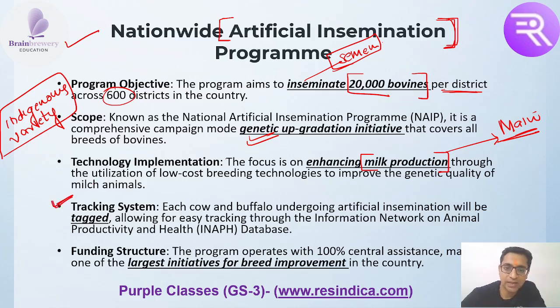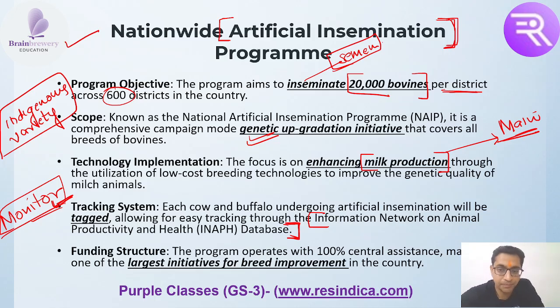And a tracking system is also being provided. Those cattle who are artificially inseminated are given an ID number, which is stored in the information network and animal productivity health database, in order to properly monitor each and every cattle under this operation. 100% central assistance is being provided, and it is the largest initiative for breed improvement in the country.